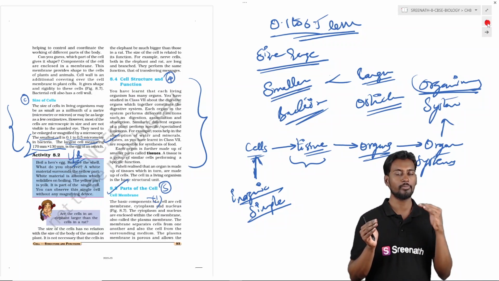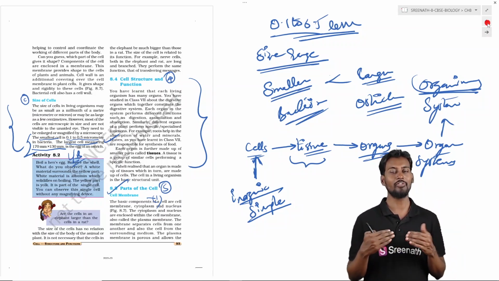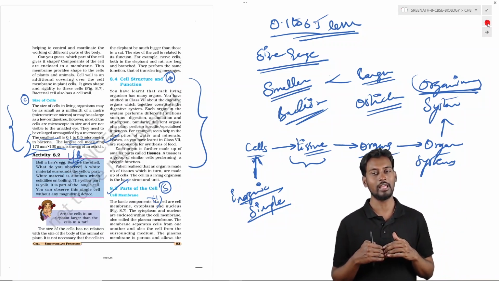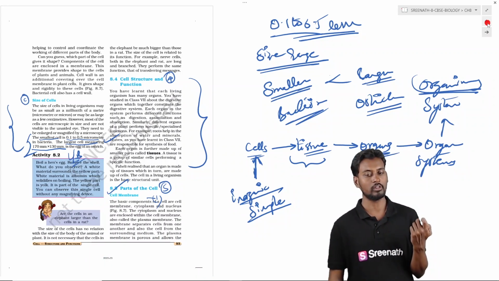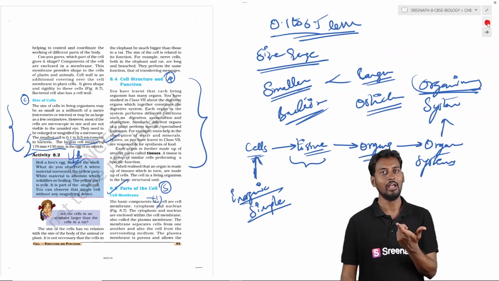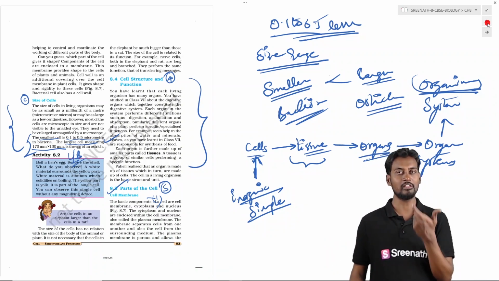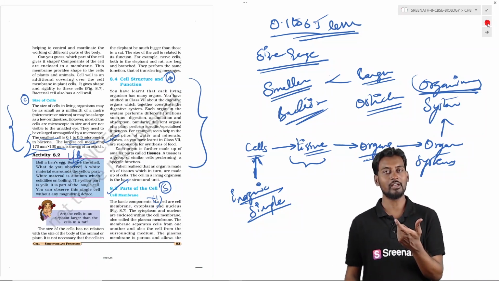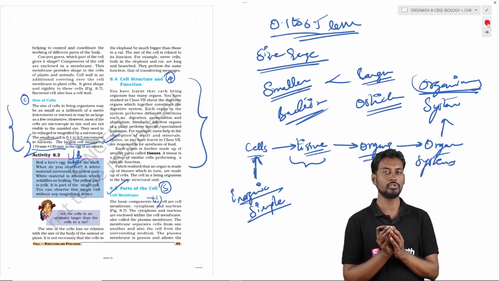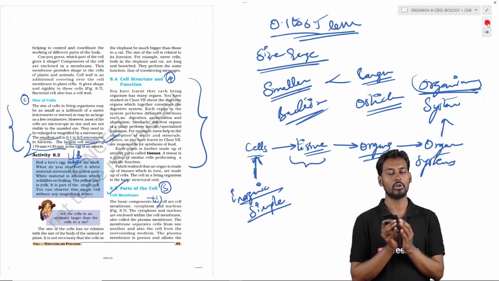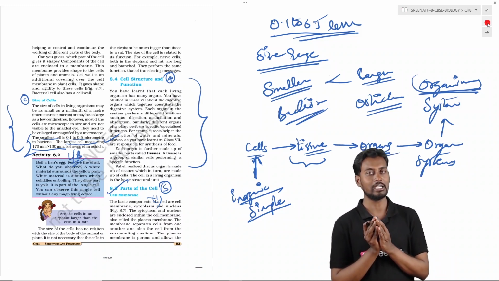And these tissues performing similar structure and function are grouped under an organ. For example, the nephrons form the kidney tissue, and the group of tissues forms together what is called the kidney, that is the organ.